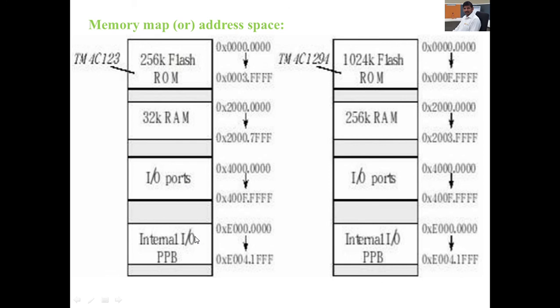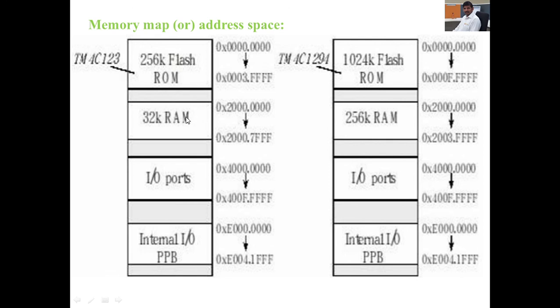Next, internal IO peripheral information is stored starting from E000 0000 to E004 1FFF. Like that, the first 256 kilobytes, from 0 to 3FFFF, are reserved for flash memory.